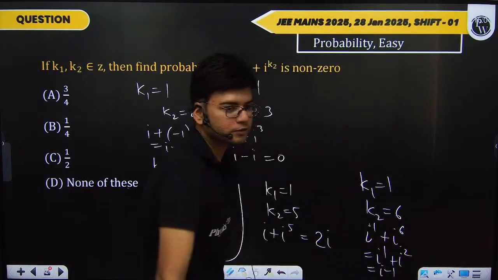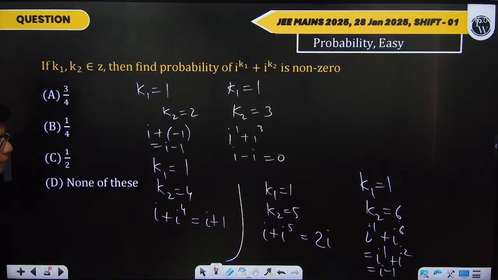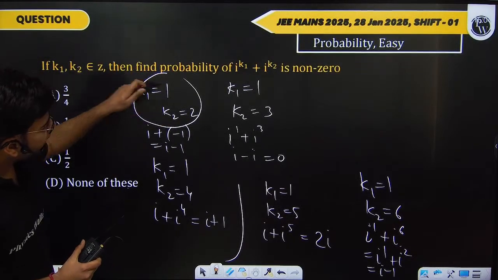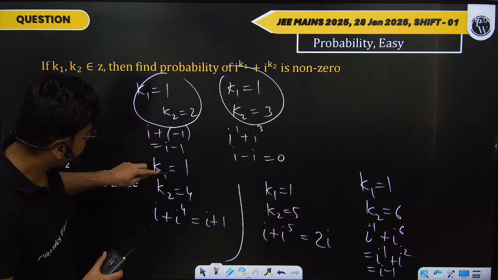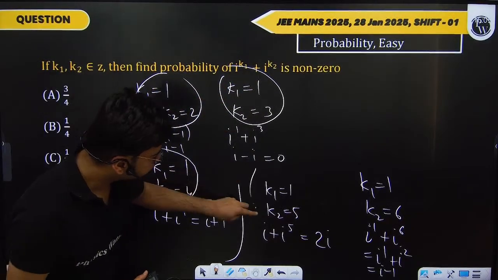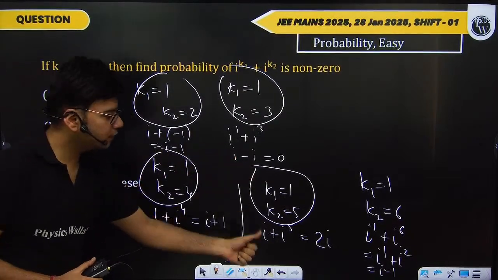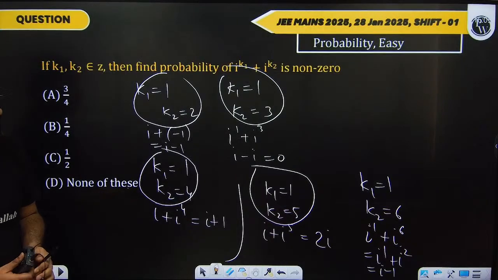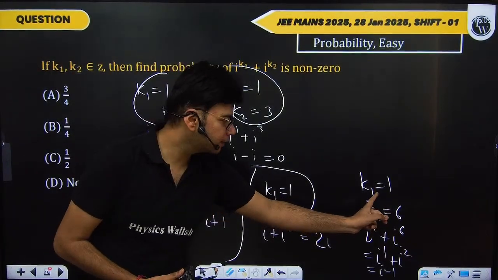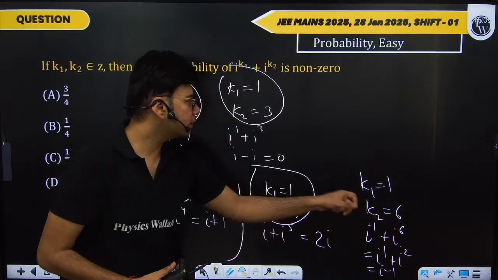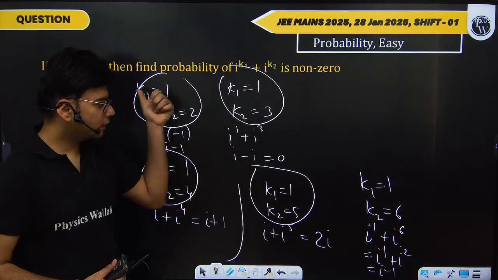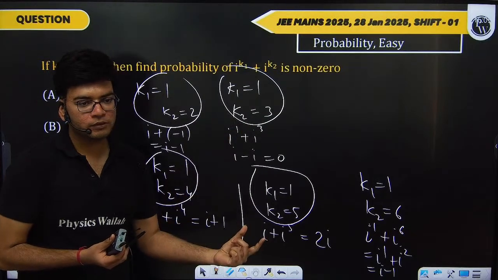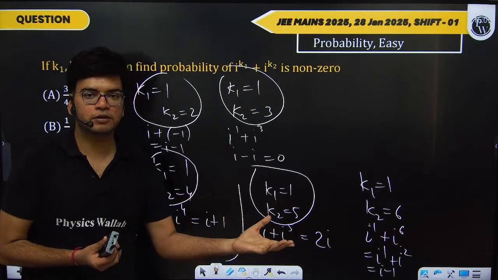This is iota minus 1. So what we are observing is, if you take any 4 consecutive values of iota, 3 times you will get a non-zero quantity, 1 time you will get zero. Again, if I take K1 equal to 1 and K2 equal to 7, again I will get 0. So among the sample size of 8, 2 times I am getting 0, 6 times I am getting non-zero.